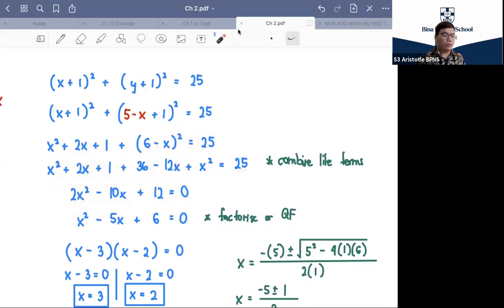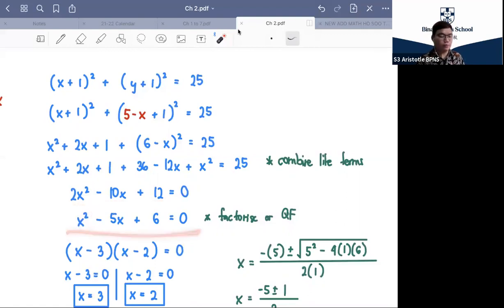Okay, and then observe. Is 2, 10, and 12, are they divisible by a number? Yes, of course. They are all divisible by 2, right? So we can make the numbers smaller. So that's how I got x squared minus 5x plus 6 equals 0.